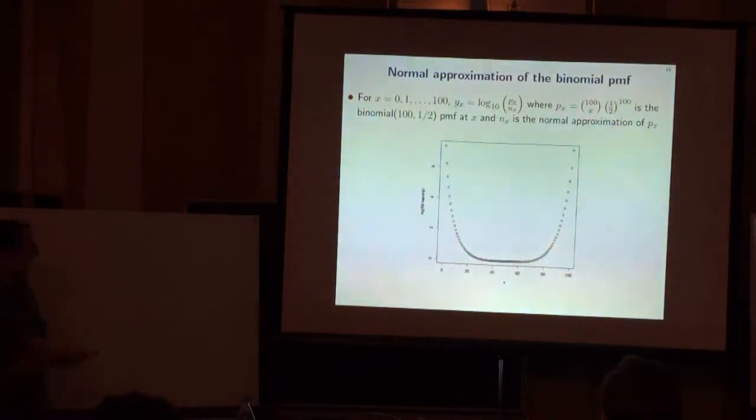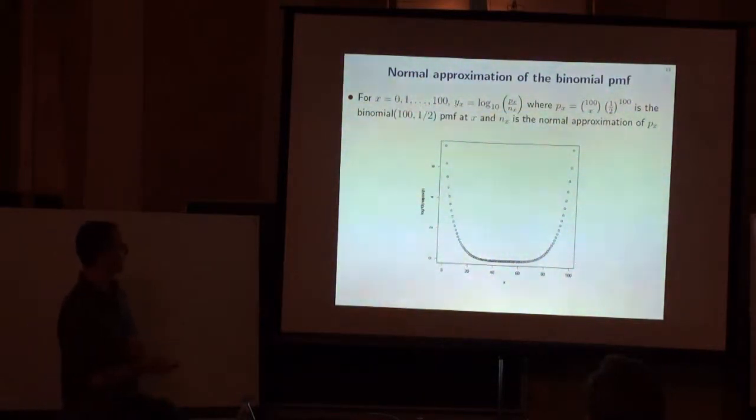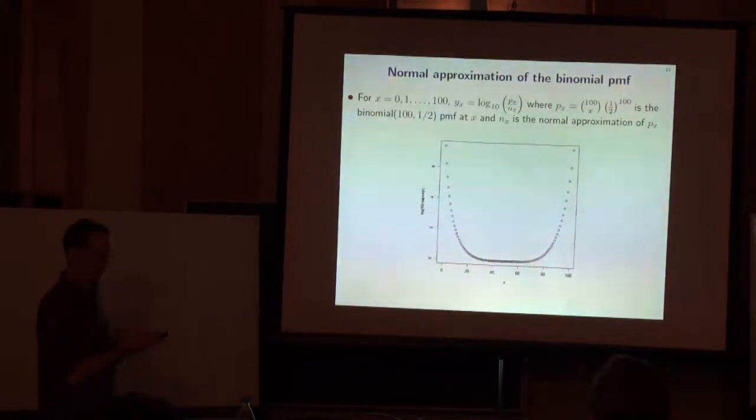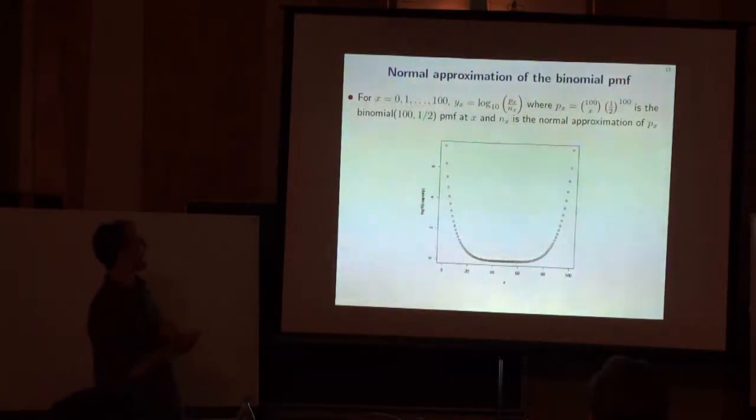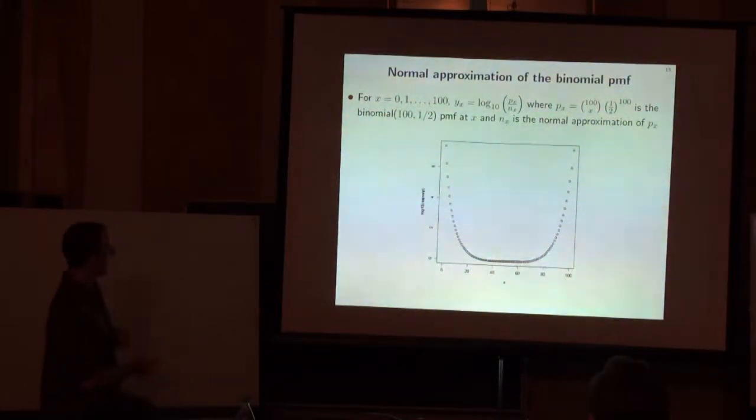The x-axis is simply the number of possible successes from 0 to 100. The y level of each point is simply the log 10 of the ratio between the correct probability and the normal approximation. You see here in the middle, the expected value is of course 50.